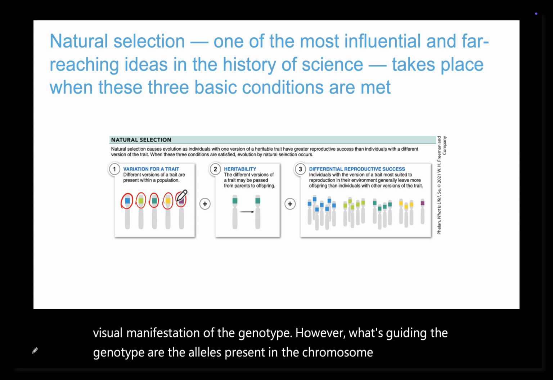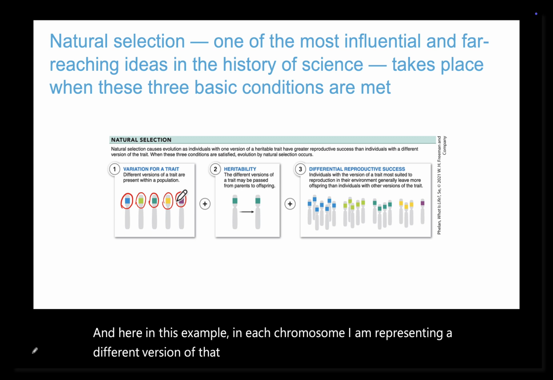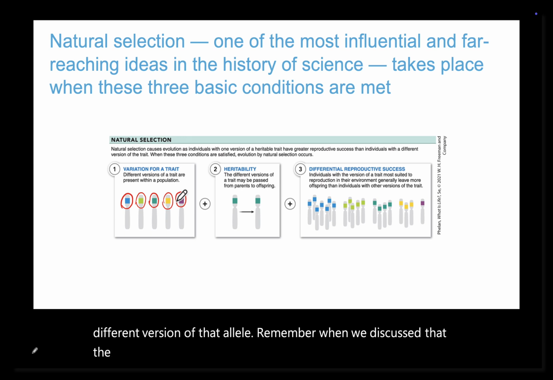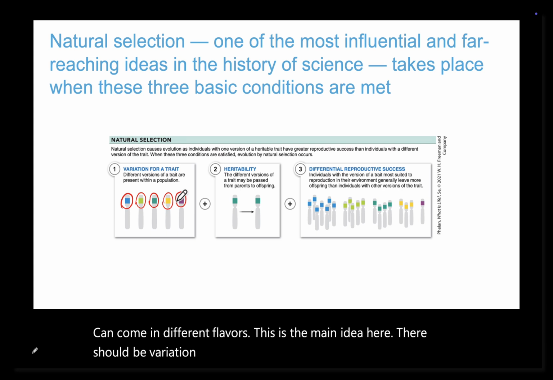And here in this example, in each chromosome, I am representing a different version of that allele. Remember when we discussed that the gene that encodes for that trait can come in different flavors. This is the main idea here. There should be variation in that trait, meaning that the gene that codes for that trait comes in different flavors.